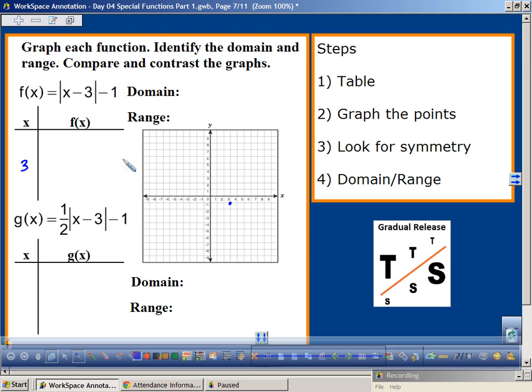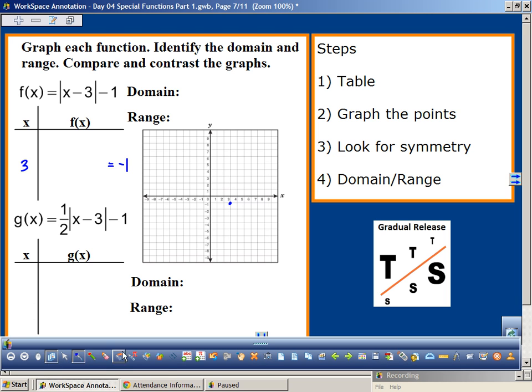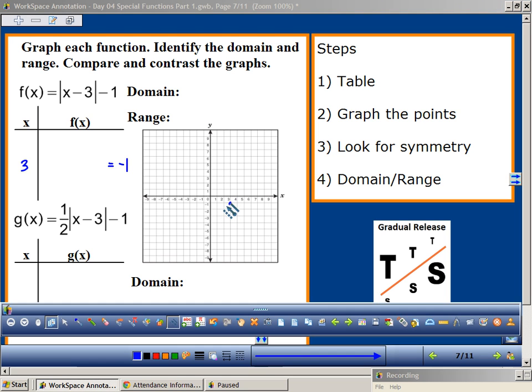And I'd work my way from that. And what should I get? Negative 1. If I substitute in 3, I should get negative 1 based on what we just talked about, the behavior of the graph. You should get something that looks like this.